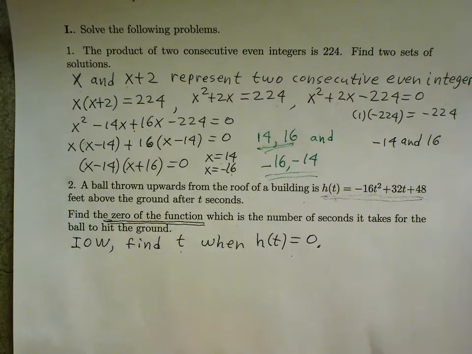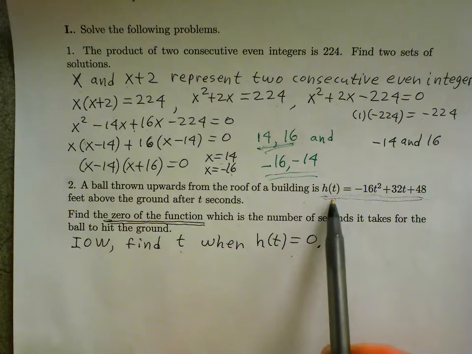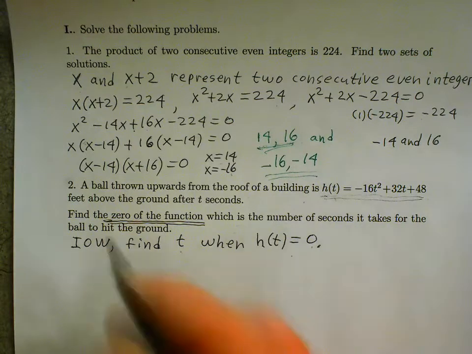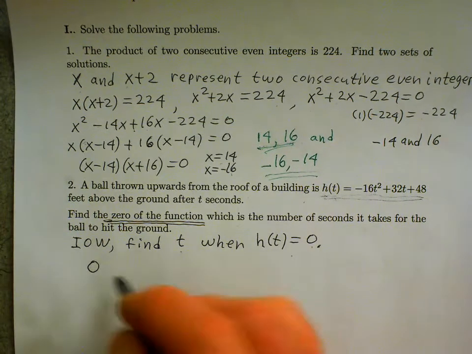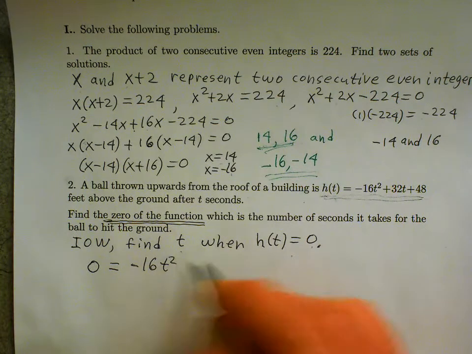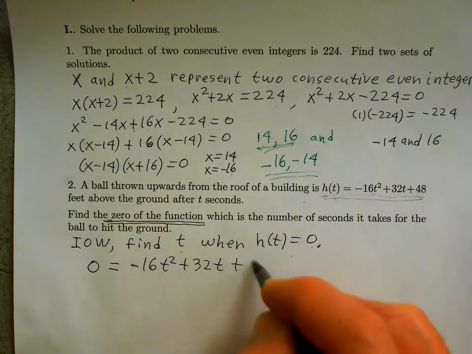So all we have to do to answer this is replace h of t with 0 and solve the resulting equation. So 0 equals negative 16 t squared plus 32 t plus 48.